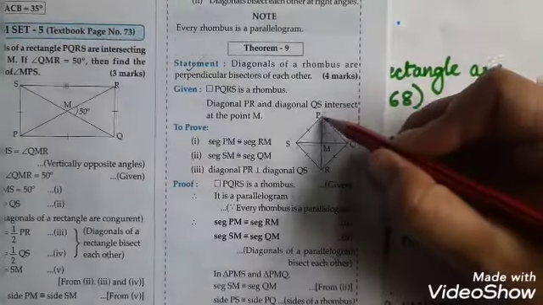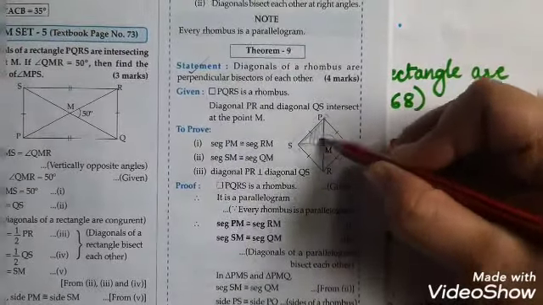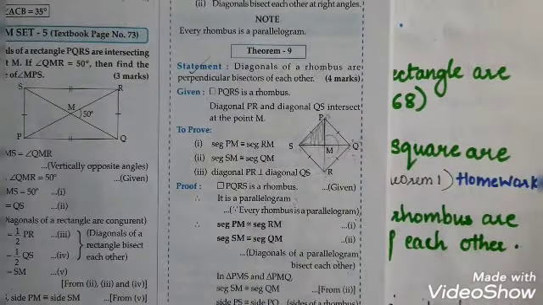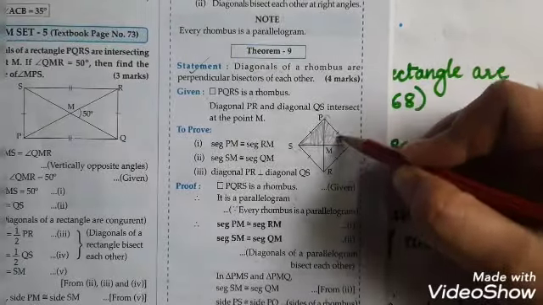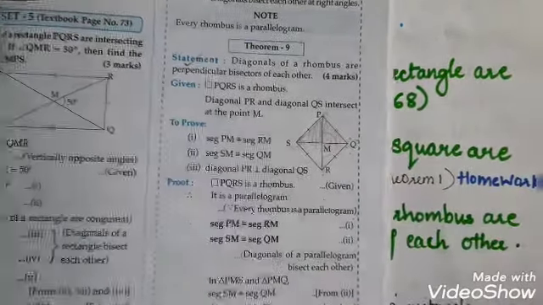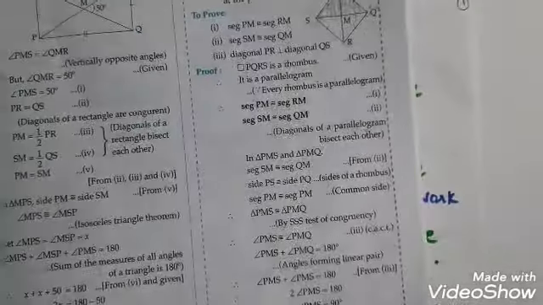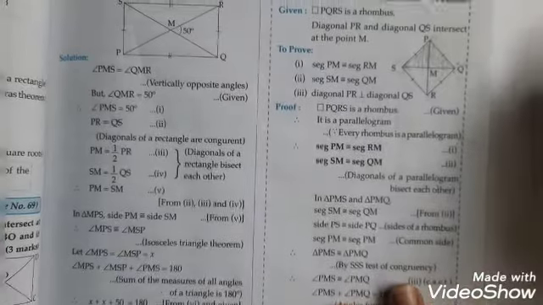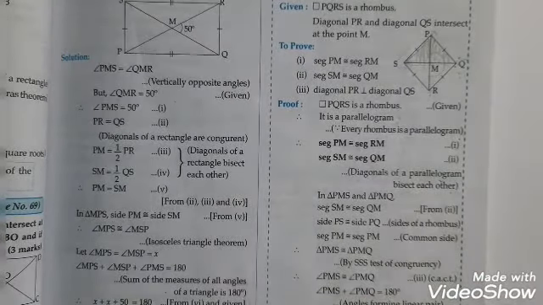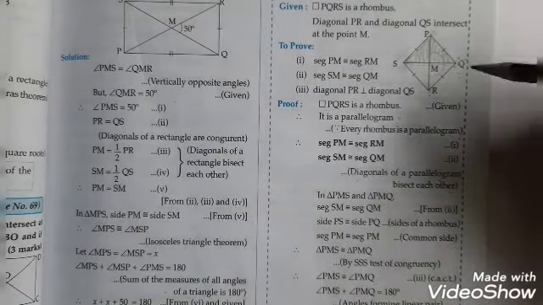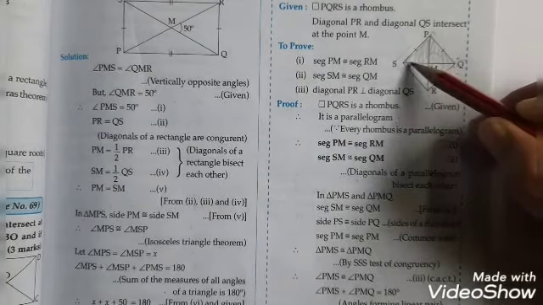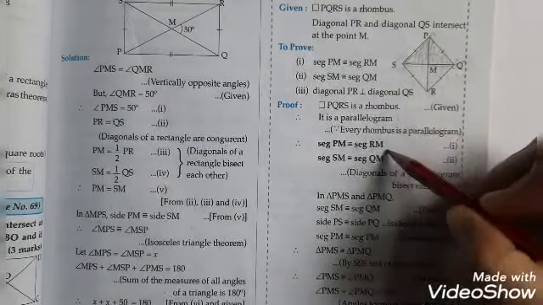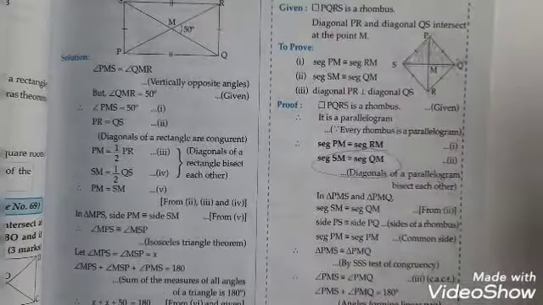Now I take triangle PMS and triangle PMQ. These two triangles I have taken. Now in triangle PMS and triangle PMQ, I will prove both the triangles congruent. So first, SM is congruent to QM, I got it over here, right?